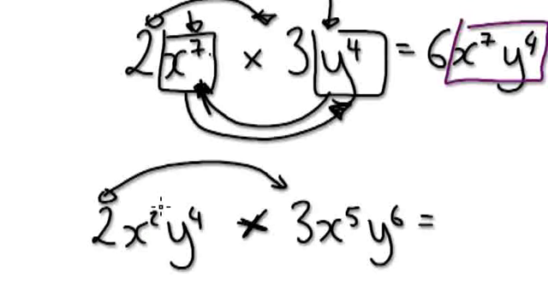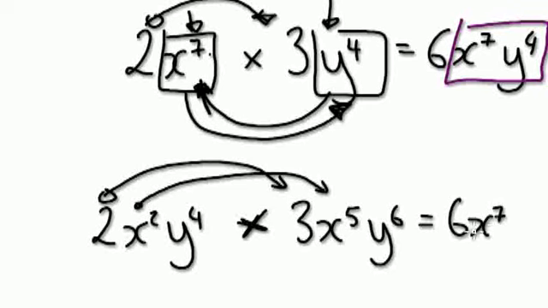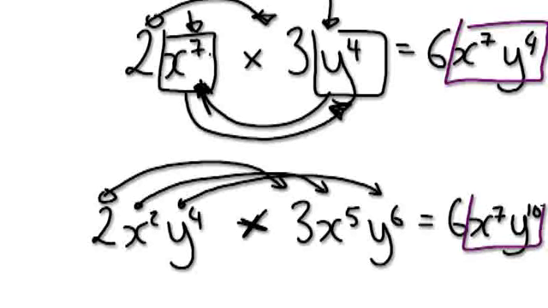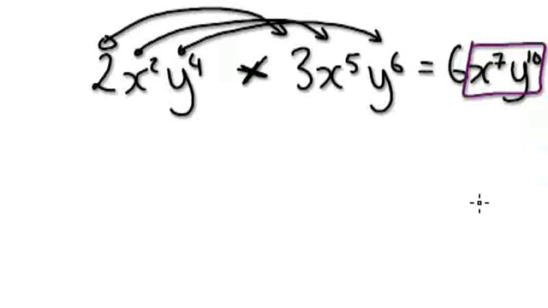I just merge everything together. So 2 merged with a 3 becomes 6, and then merge all the x's together. So here x to the power of 7. 2 lots, 5 lots over here. So here you've got 4 and you've got 6 here. So y to the power of 10, and then this is our new entity here.